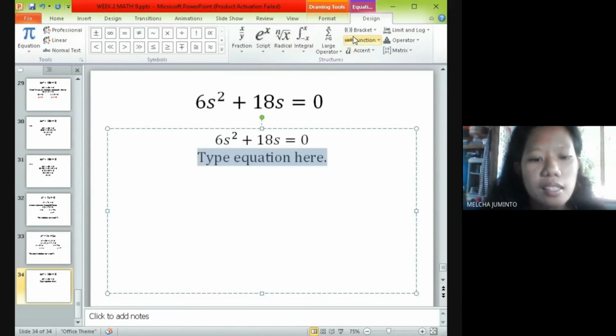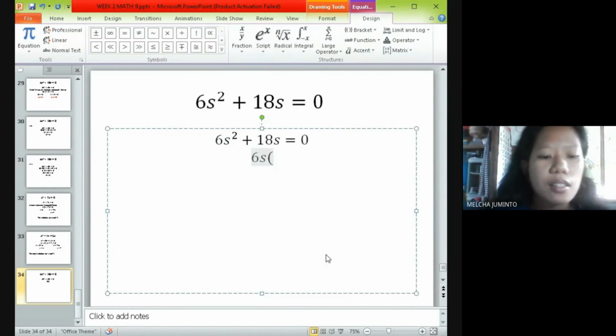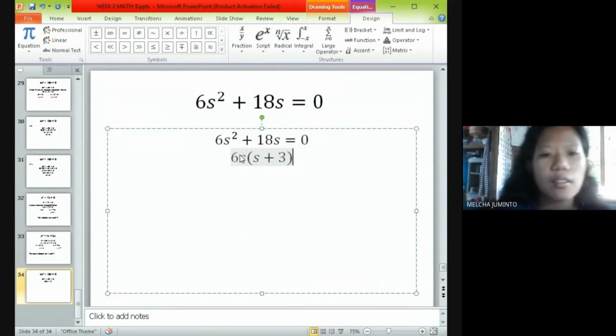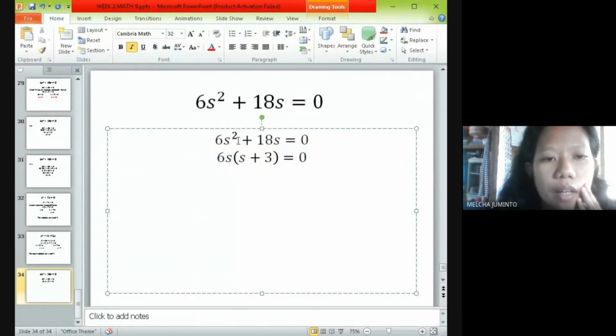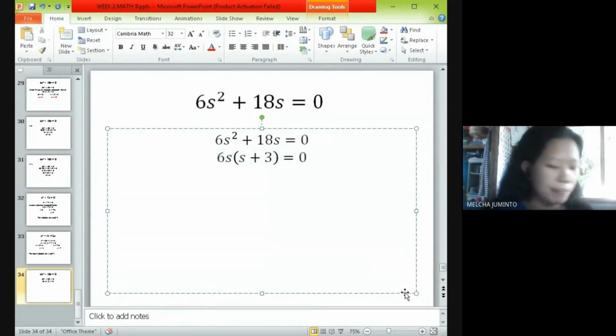Lalabas mo yung 6S times S plus 3 equals 0. 3 na lang kasi may 6 sa labas. Ang greatest common monomial factor nitong dalawang terms, 6S. 6S times S, 6S squared. 6S times 3, 18S. Ganyan na siya.